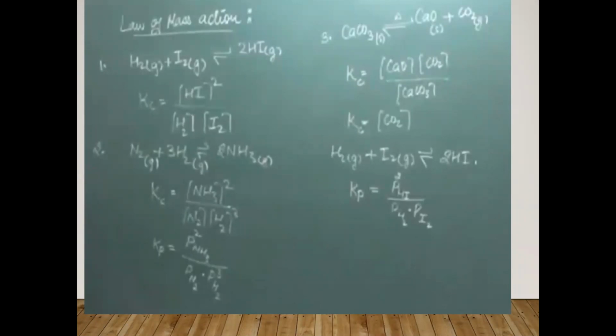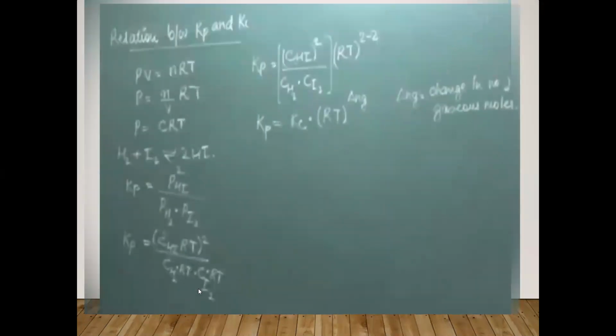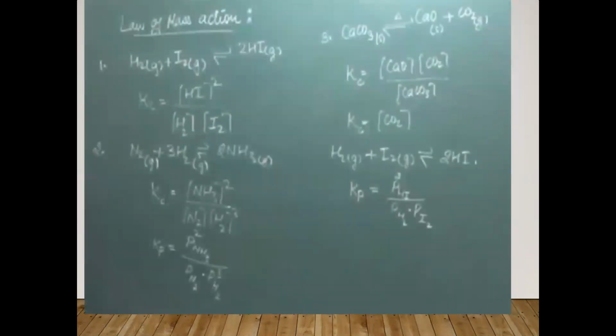Taking this reaction as an example, the product is NH3, so the pressure of ammonia, and because stoichiometry is 2, here also the power will become 2, and then the pressure of hydrogen and the pressure of nitrogen. If I want to calculate the equilibrium constant in terms of concentration, then I will put the concentration.